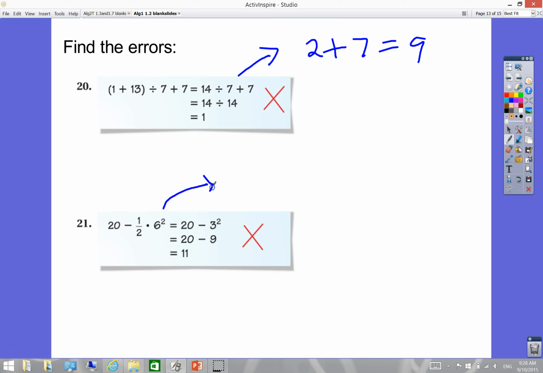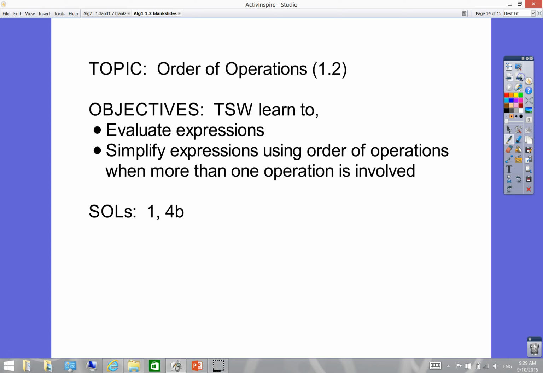So this should have looked like 20 minus 1/2 times 36, which is 20 minus 18, which is 2. So that is the lesson. I'm just repeating the essential learnings that come from the SOLs, but essentially we're evaluating expressions and using order of operations.